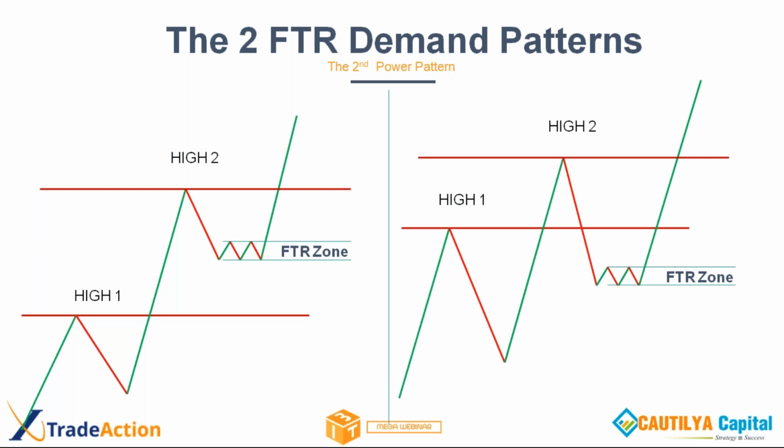See, in case 1, the FTR zone is formed in between H1 and H2, whereas in the second scenario, the zone is formed below H1 also. It doesn't matter.